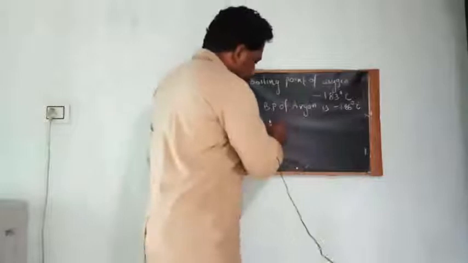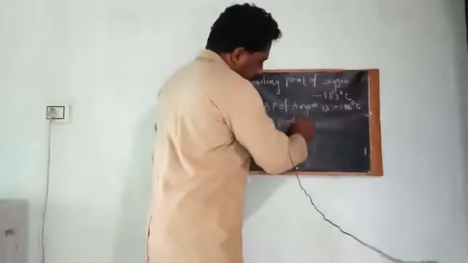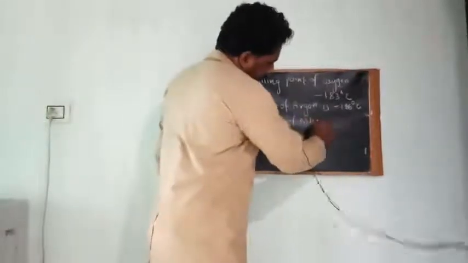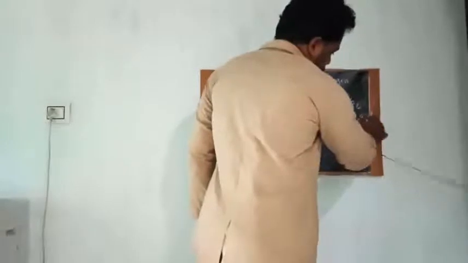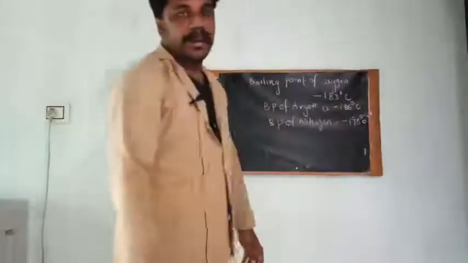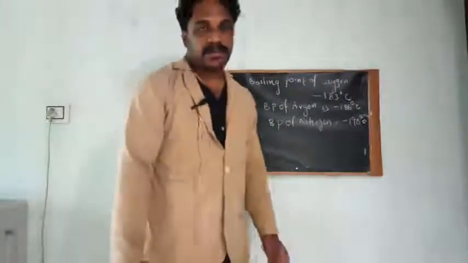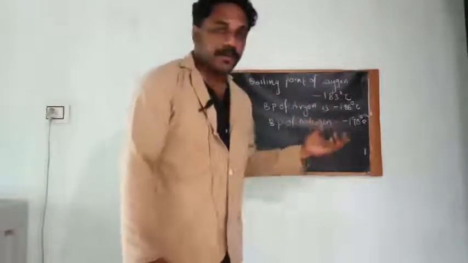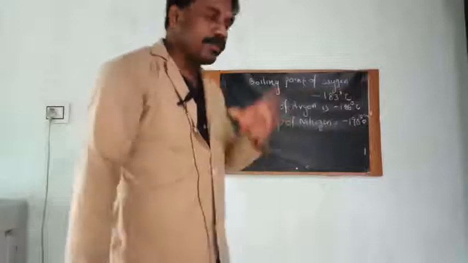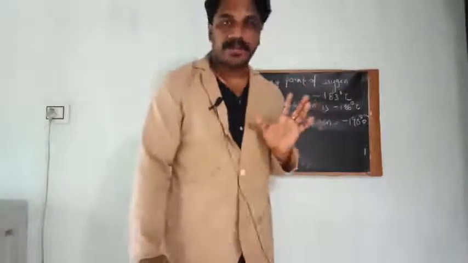And the boiling point of nitrogen gas is minus 196 degrees Celsius. So if the gas is cooled below minus 196 degrees Celsius, it will become liquid. Is it clear?